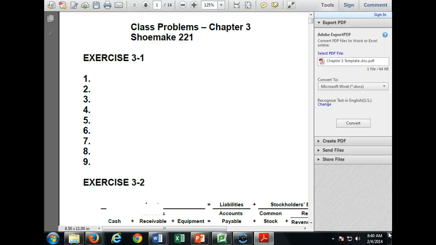Exercise 3-1 is on page 140. Selected transactions for Warner Advertising are listed here. Our job is to describe the effect of each transaction on assets, liabilities, and owner's equity. So they give us an example of the first one. We issued common stock to investors in exchange for cash received from investors.